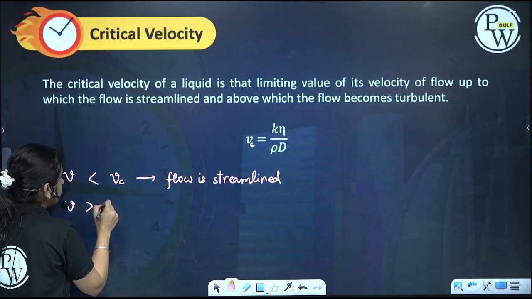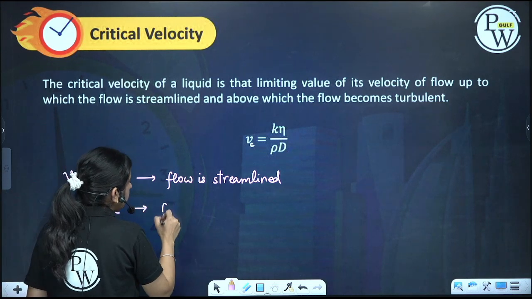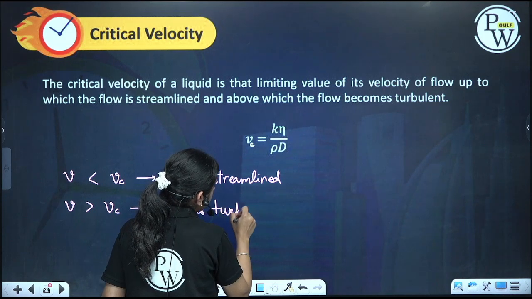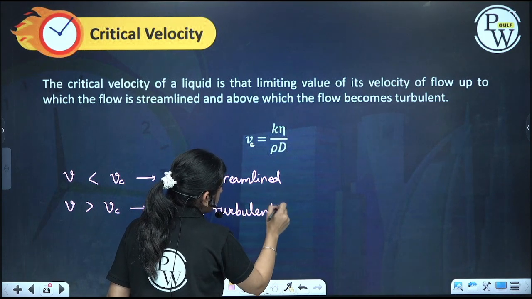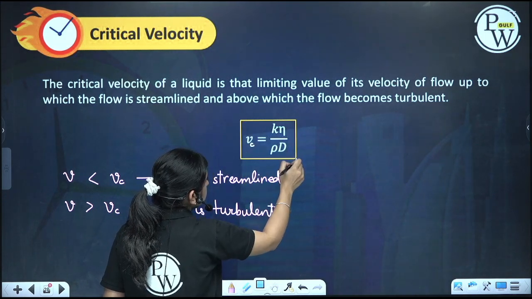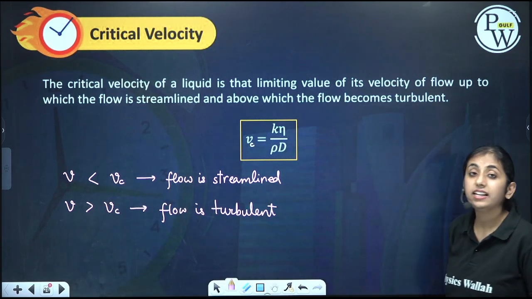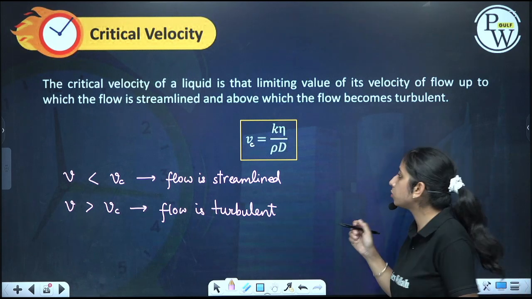If velocity is greater than the critical velocity, then the flow is turbulent. Critical velocity is equal to k into eta by rho d, where k is a dimensionless constant.